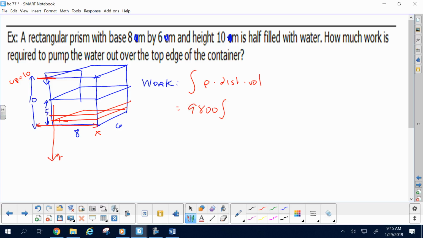So what do you reckon the distance expression is? 10 minus y. Okay? Now notice here that that 10 is the top of the container, not the surface of the fluid, not the surface of the liquid.